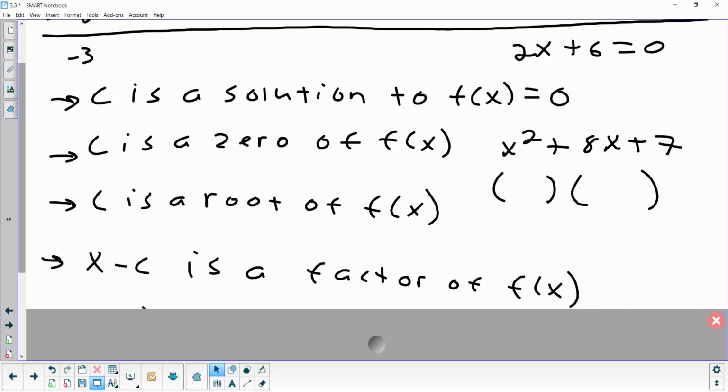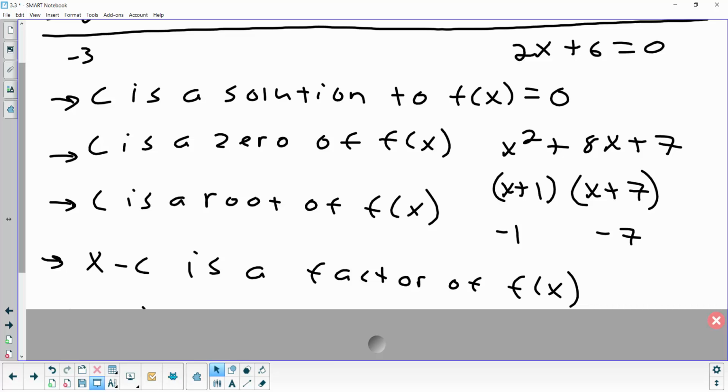That factors as x plus 1, x plus 7. Zach, what would you plug in here to make this first factor 0? Negative 1. And what about here? Negative 7. Negative 1 and negative 7 are the roots of that equation.